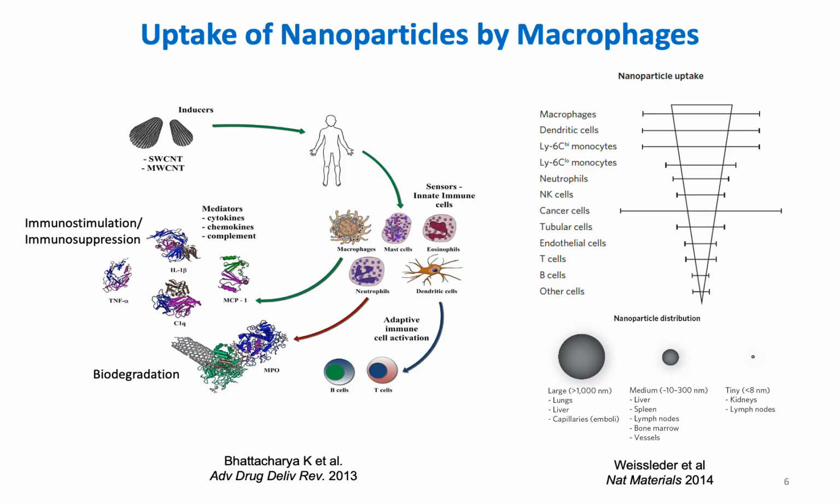In 2014, Weissleder et al. showed in this review the preferential uptake of nanoparticles by macrophages or dendritic cells versus other cancer cells or immune cells. The horizontal bars represent variability between tissues, and below, these balls represent the amount of nanoparticles accumulated in different tissues along the body after intravenous administration, which is largely due to the size of the nanoparticle.